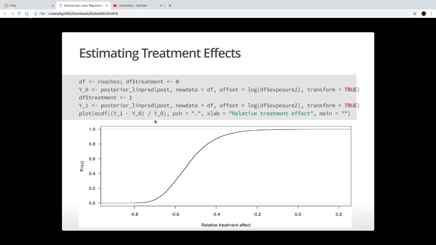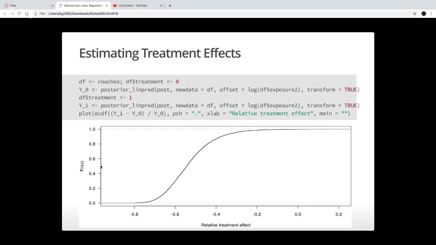And then you can summarize that treatment effect however you want it in terms of roaches, units of roaches, or in this case, relative roaches. So I did y1 minus y0 divided by y0 to give me relative units. Anyway, here's the posterior CDF of that treatment effect. And so we have uncertainty about the parameters in addition to uncertainty about roaches.